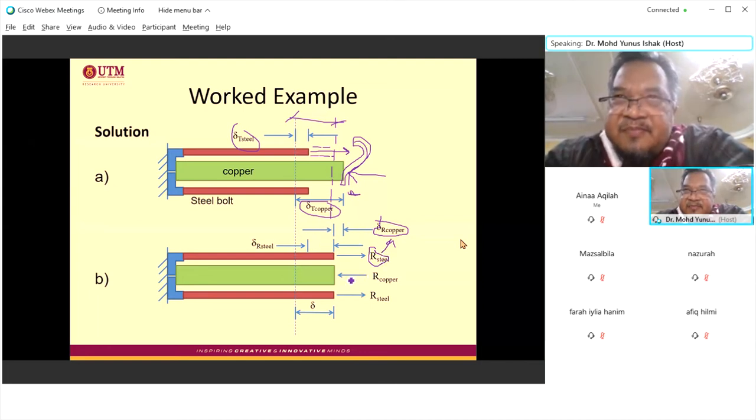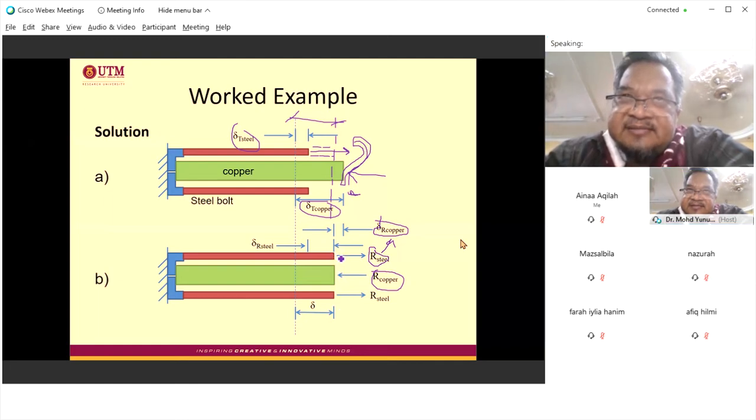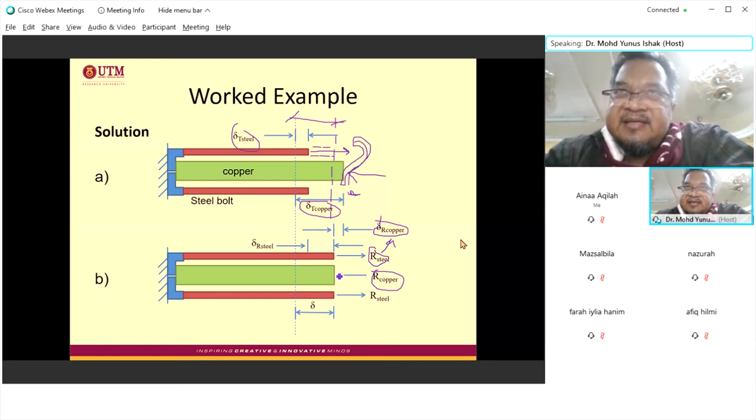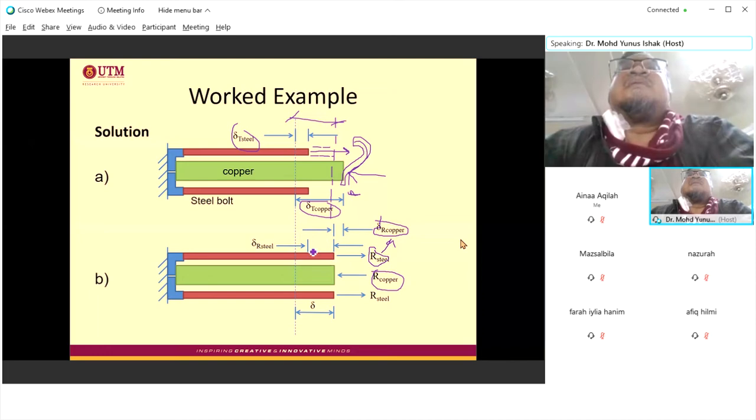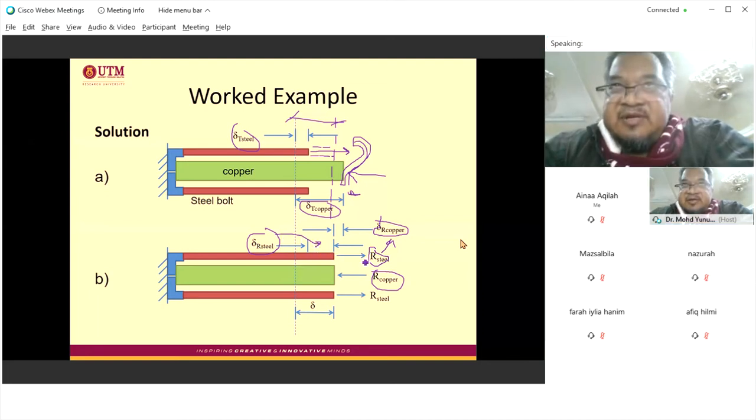And you need this copper R to press so that the green will stop at the final line. So this is delta R. You need R to pull it to this line, and this is R copper. You need this copper to shorten to this line.